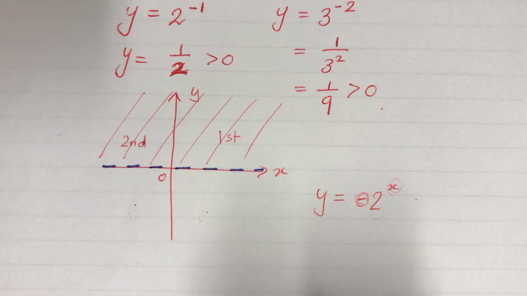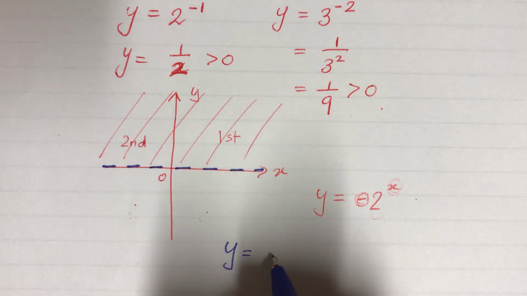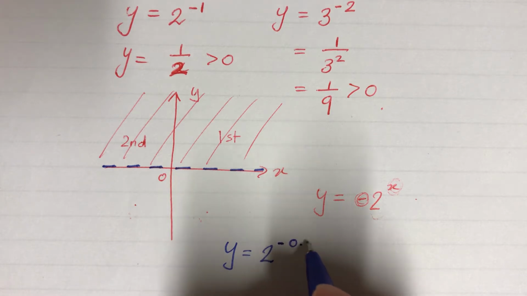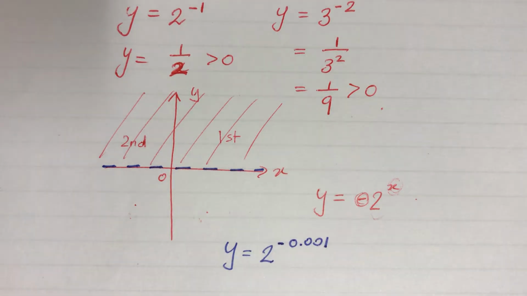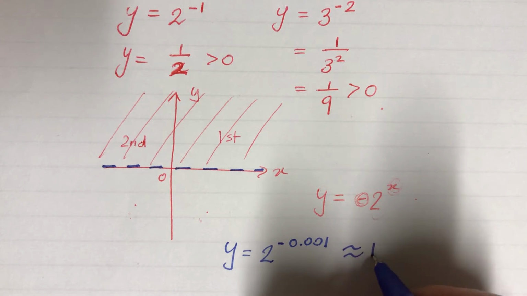So for example, if I had y equals 2 to the negative 0.001, if you put that in your calculator, I want you to have a go at that, you will get 0.999 in fact, so it'll be close to 1.